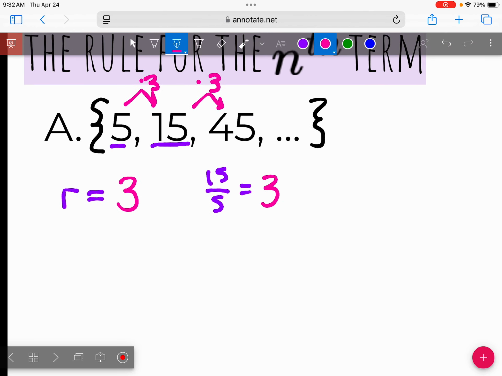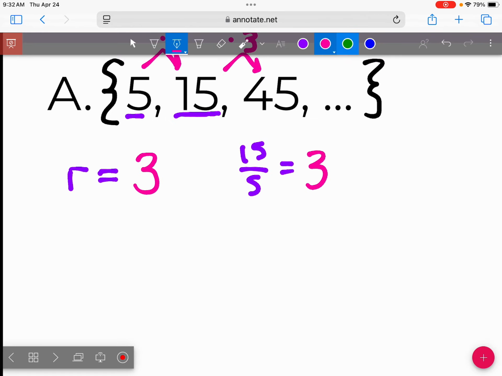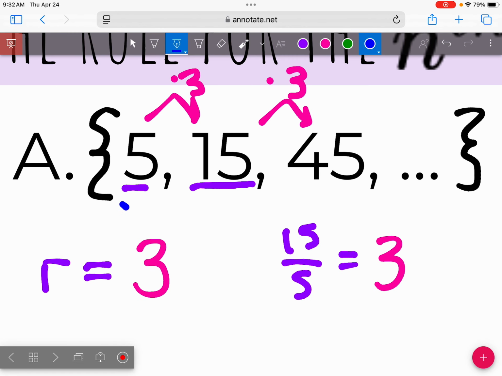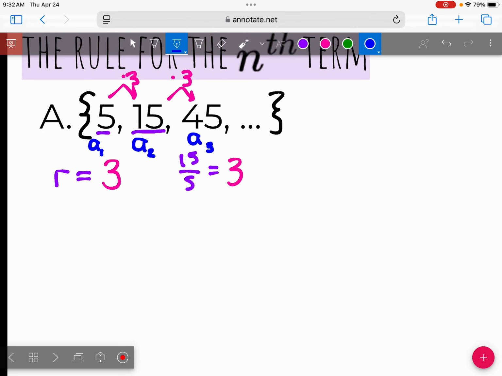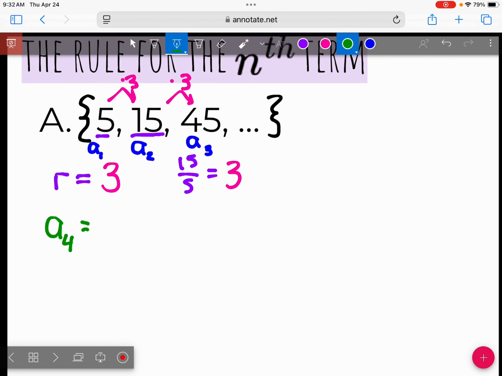So if I have here my first term, my a1, my a2, my a3, we're asked to find our next 3 terms, so we want to find a4. How am I going to find my a4? Multiply by 3.